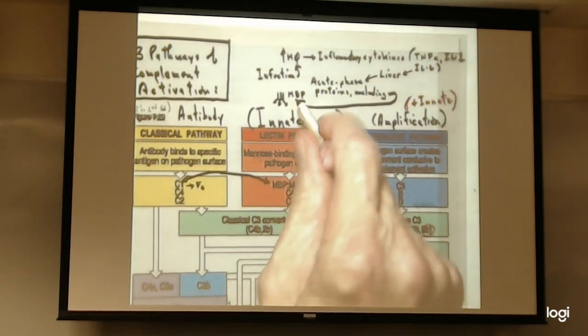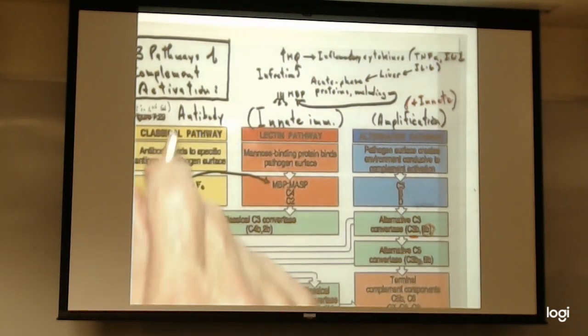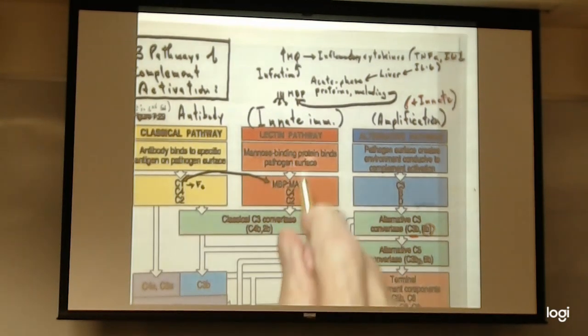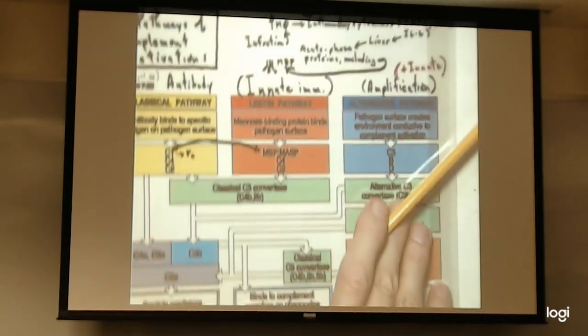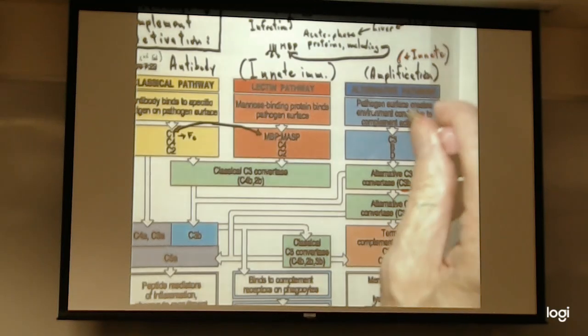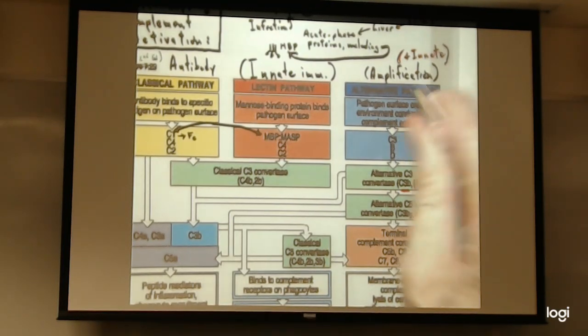Mannose binding protein resembles the C1 component of the classical pathway, and so that activates the so-called lectin pathway. And later on we'll talk more about the amplifying, so-called alternative pathway. We'll come to that pretty shortly.